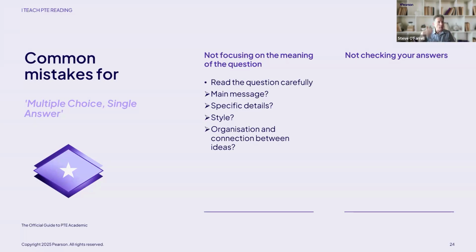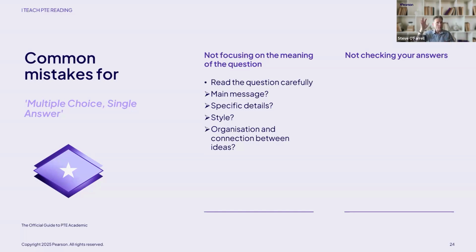So you're going to skim it. In fact, no, you're going to scan it this time. Is it talking about specific style? So the question might be, what is the author's perspective on something? What is the author's opinion or message?